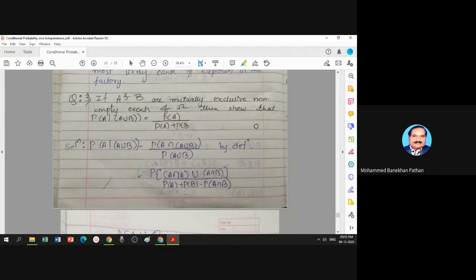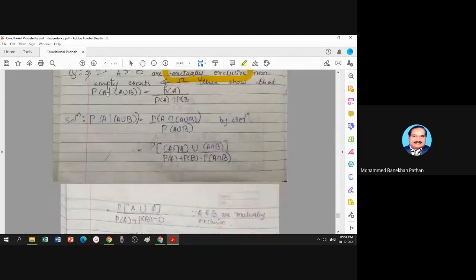The information says A and B are mutually exclusive non-empty events of omega. What do you mean by mutually exclusive? That means A and B are separate, they don't have a common element.